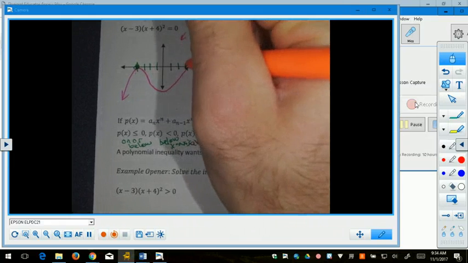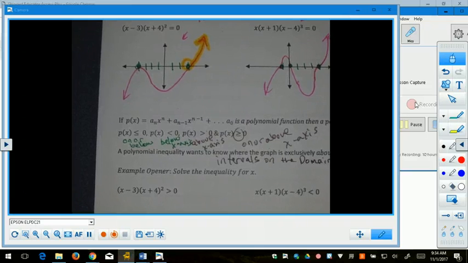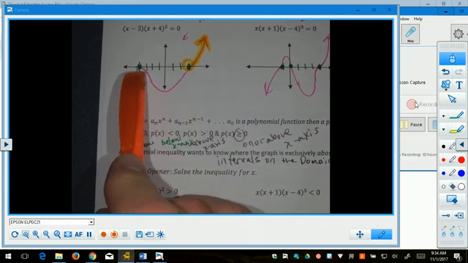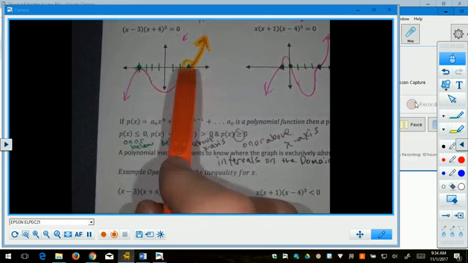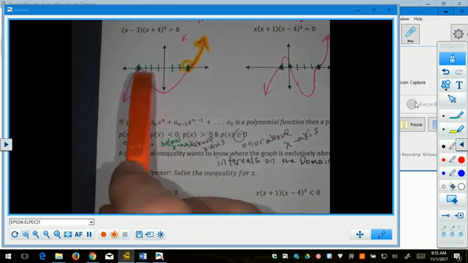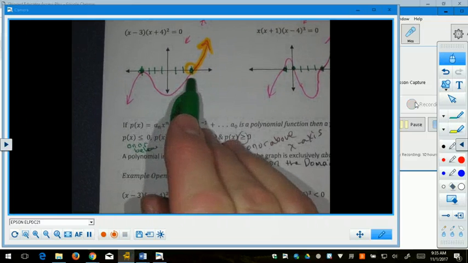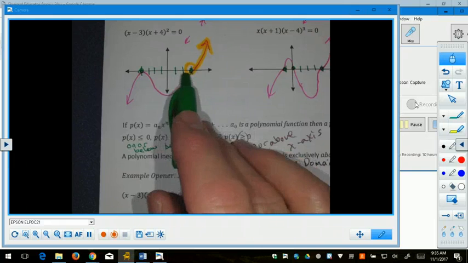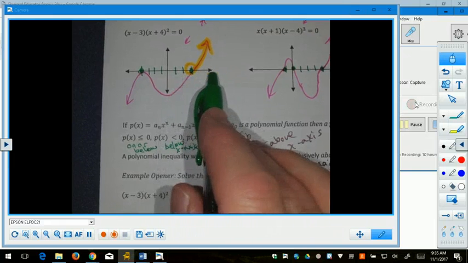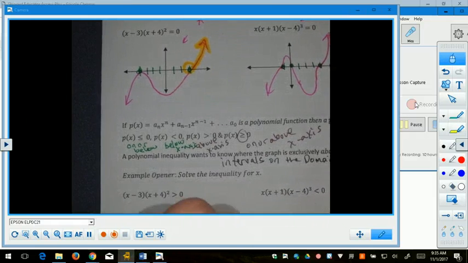So right here, not including that 0, but everything above that is greater than 0. That green point and that green point are zeros. So they're not above 0, they are zeros. And then everything else is below it. So from here up. So from 3, but not including 3, and then any number to the right would be the domain values that when you plug into the function would give you an output above the x-axis.